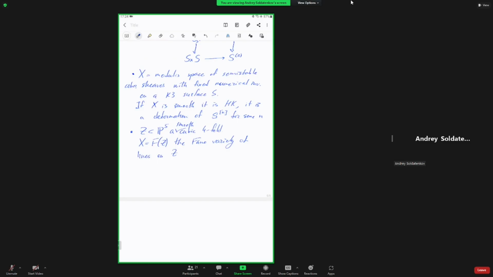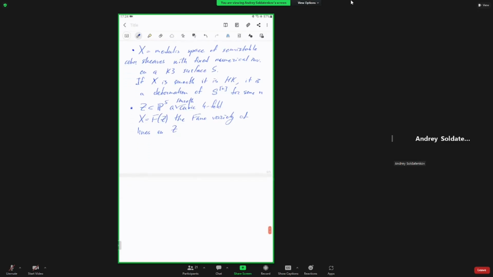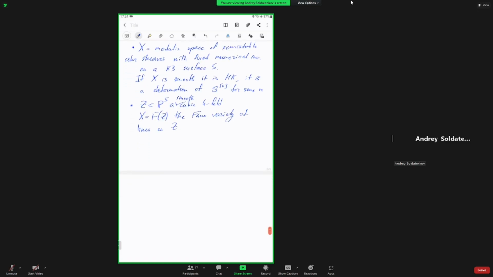It turns out to be four-dimensional, and it turns out that this Fano variety of lines is a hyperkähler manifold. And actually, it is a deformation of the Hilbert scheme of 2 points on a K3 surface.